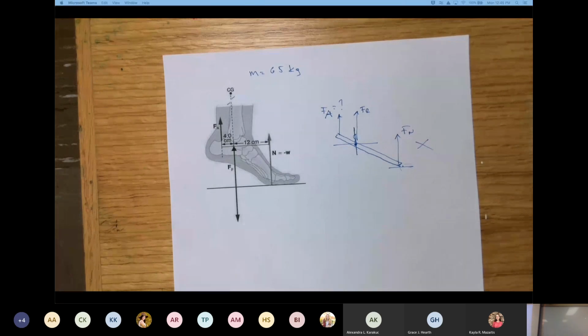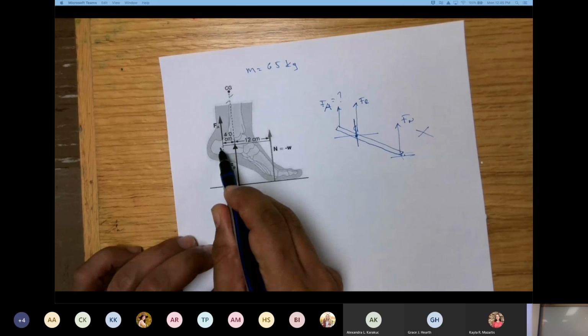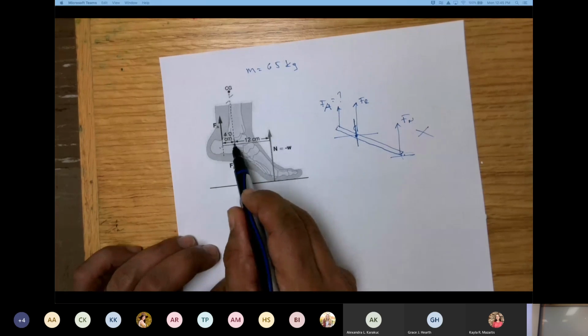Now, measuring the angle in real life, if you have a patient and you ask the patient to do a tiptoe, is hard, because the person is going to be moving, and if the person is carrying extra load, it's really hard to keep that position. But you can ask the patient to remove the shoes, and you can actually measure the distance between the ankle and the heel, and between the ankle and the toe.